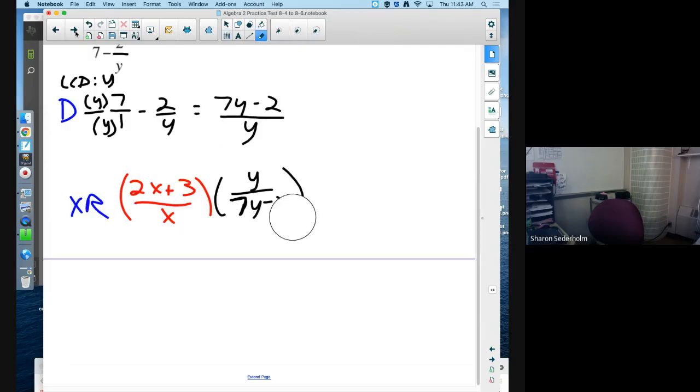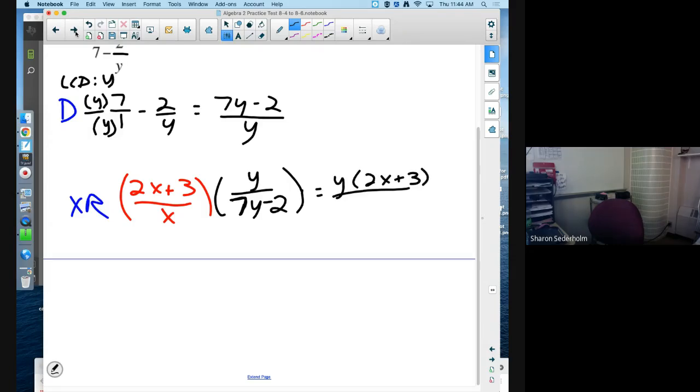Oh, my 2 looks kind of small. That's better. Hey, now it's multiplication. That means if we can cancel, now's the time. Can we cancel anything? Well, that's kind of a bummer. So all we can do is top times top and bottom times bottom. Oops, almost forgot the 7.